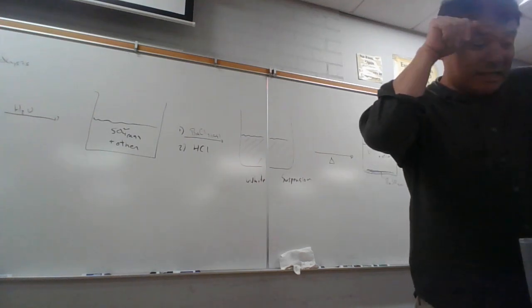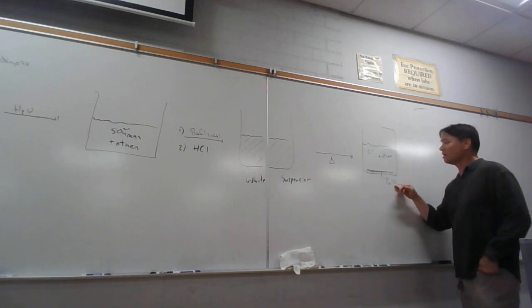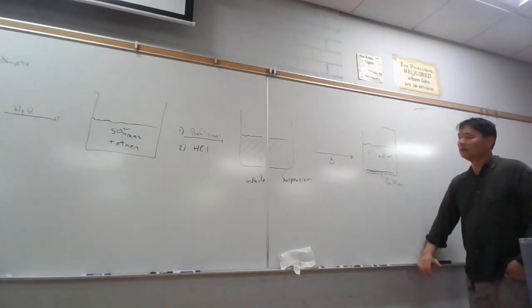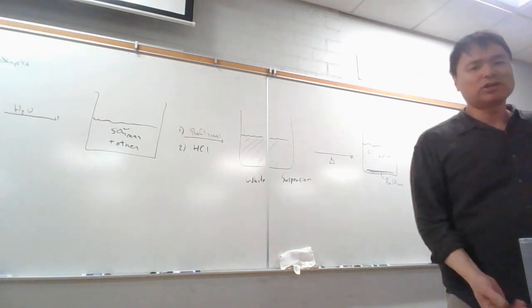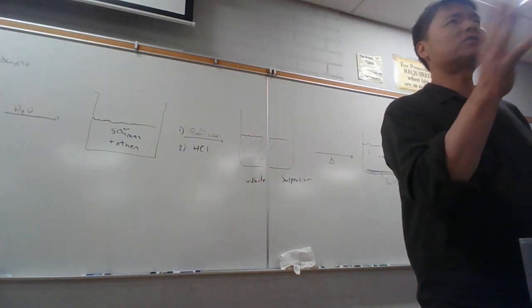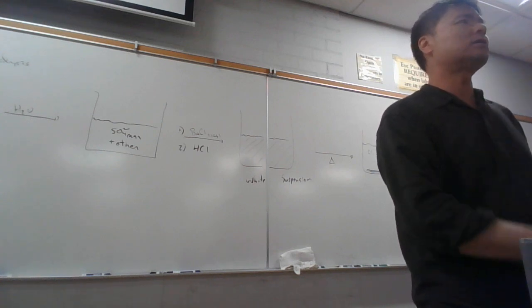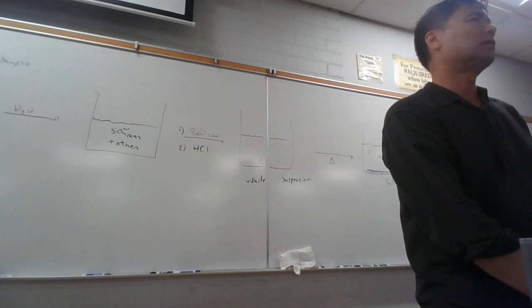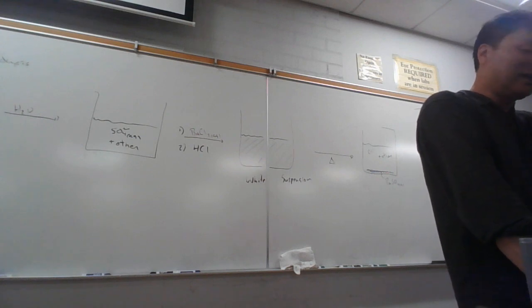All right, the next step here is we're going to separate the barium sulfate from all this other stuff via filtration. We have different levels of filtration. We have qualitative versus quantitative. Do you know the difference? What's qualitative versus quantitative? Quantitative is measured. Yeah, quantitative is measured, exact.